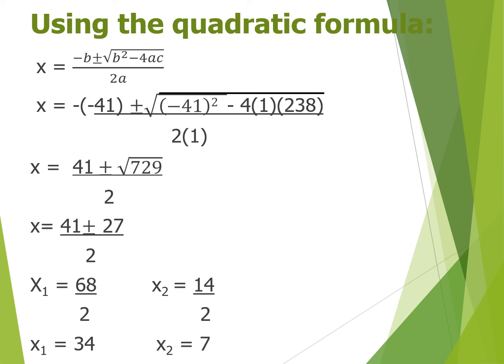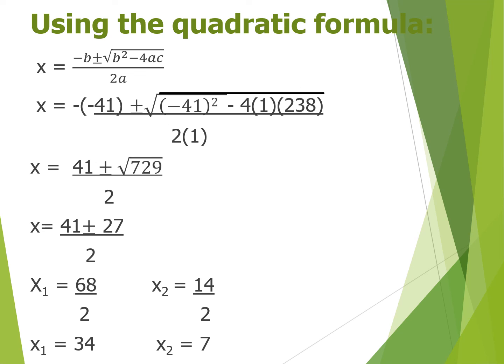So negative times negative 41 is positive 41 plus or minus the square root of the square of negative 41 minus the product of 4, 1, and 238, which is 729, all over 2. So we have 41 plus or minus 27, the square root of 729, all over 2.